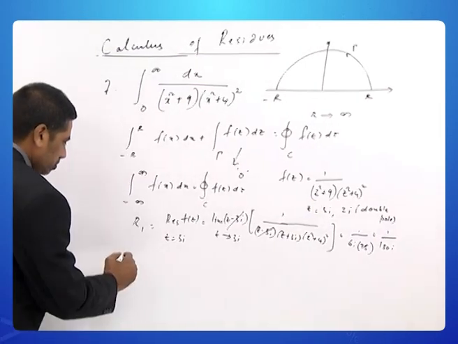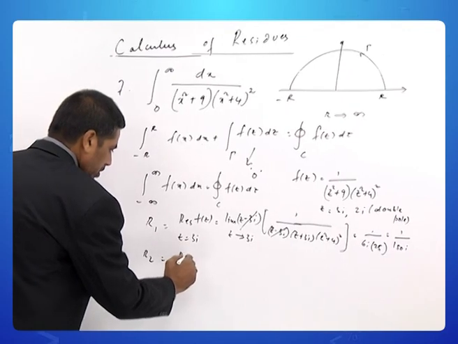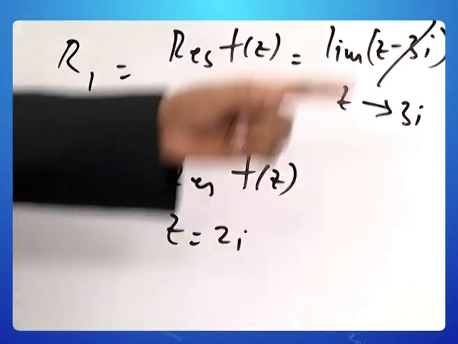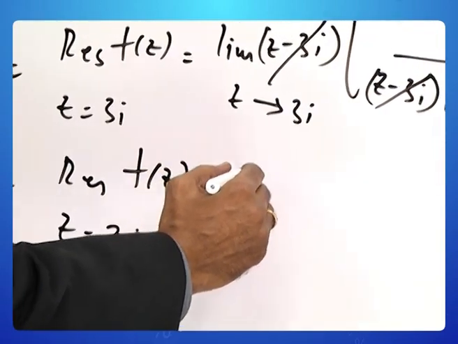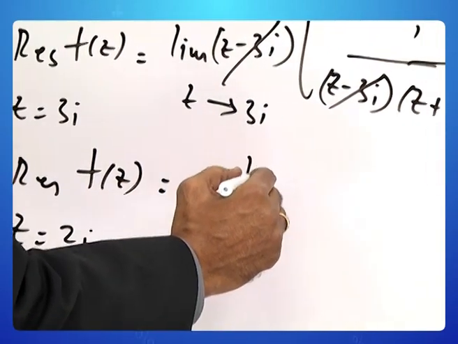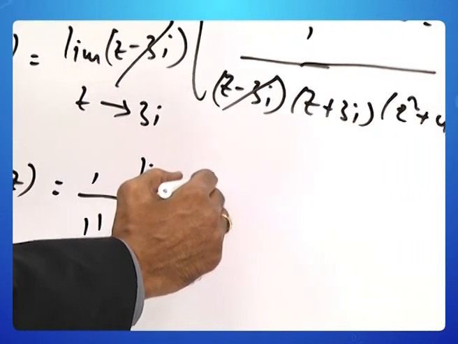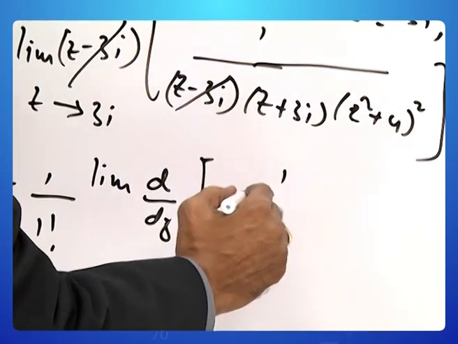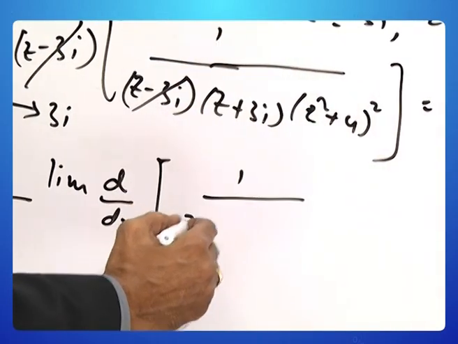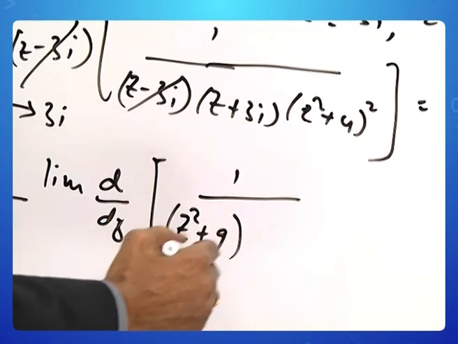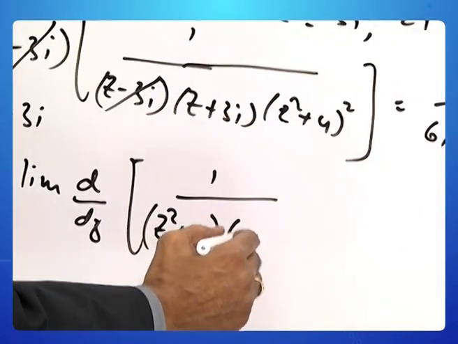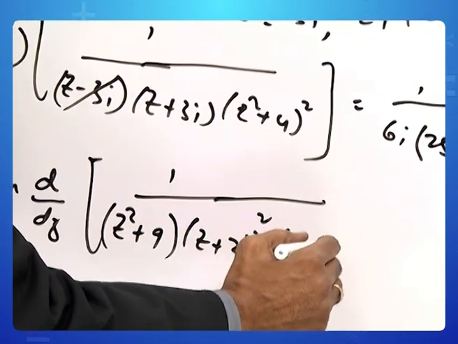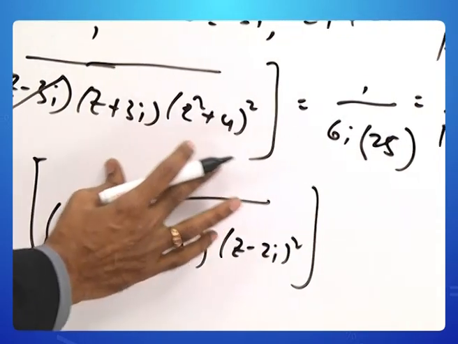Similarly, you calculate the residue at 2i. Now, you have to be careful because it is a double pole. Apply your formulas correctly. Limit d by dz of 1 by, now you do not break z square plus 9, but you break this one: (z plus 2i) whole square into (z minus 2i) whole square.